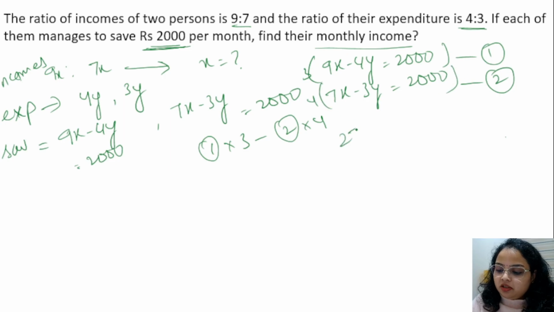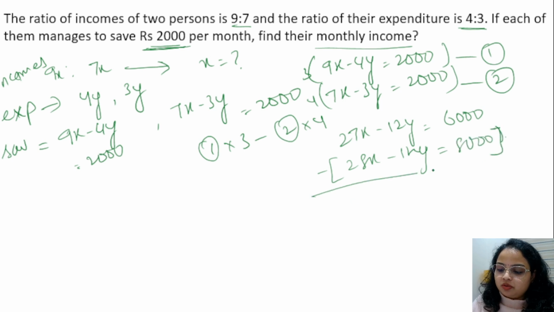3 into 9, 27x minus 12y is equal to 6000. Minus 28x minus 12y is equal to 8000. We'll subtract these two. 27 minus 28 gives minus x, and minus 12 plus 12, minus into minus is plus, so these two will be cancelled. It is equal to 6 minus 8, which is minus 2000.